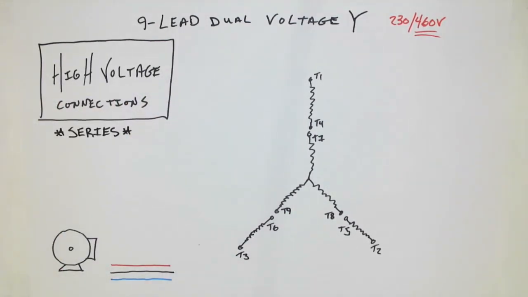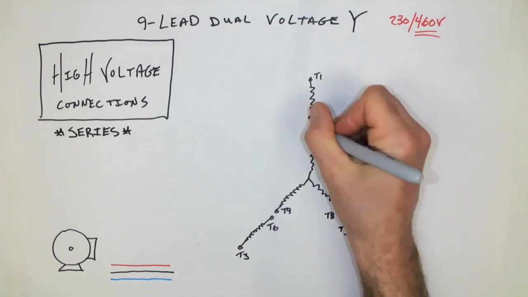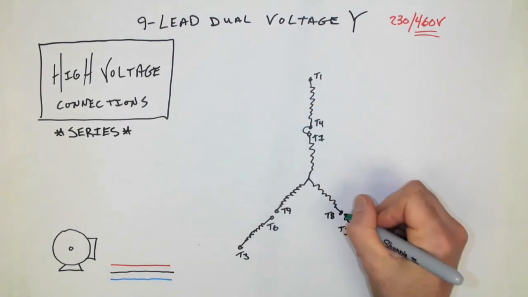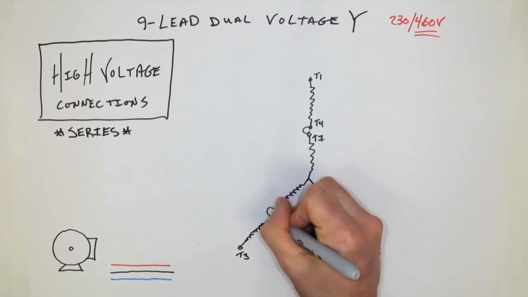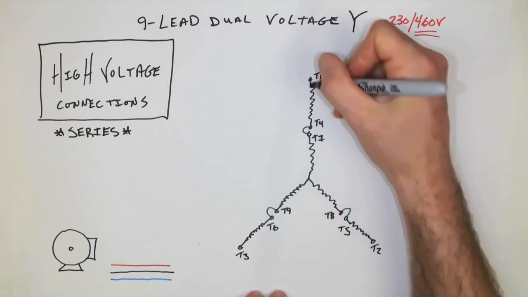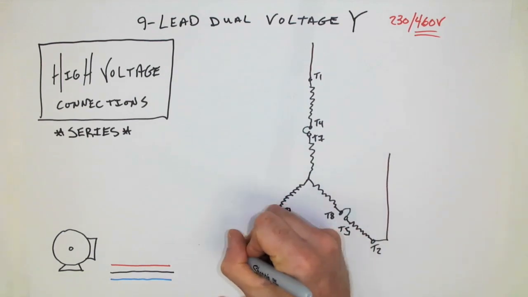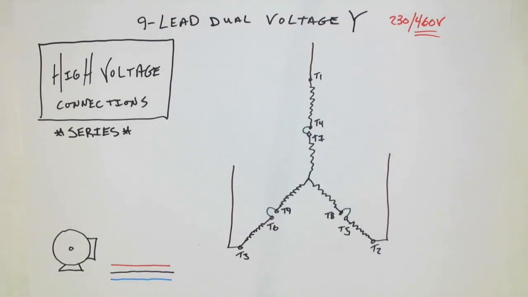And so what this means is that we're going to be connecting all of these windings so that they make one large Y connection. So what we've done is connected 4 and 7, 8 and 5, 6 and 9. They're tied together, and then we take our 3-phase supply and we connect to T1, T2, and T3, like in all of the previous motors.